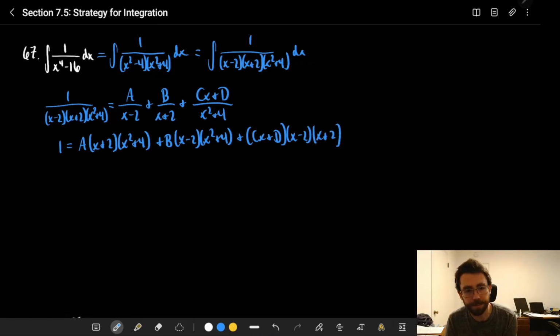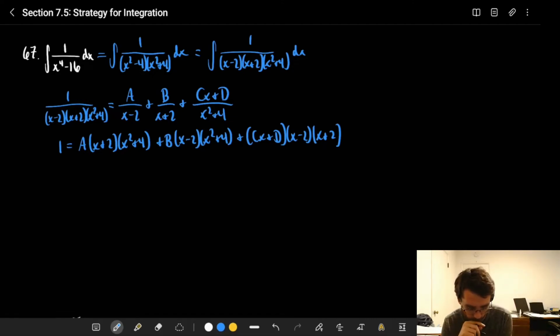Truly hideous. You can plug in nice values of x to determine some of these unknown coefficients, a, b, c, d, but probably not all of them. But let's see what we can get, you know.